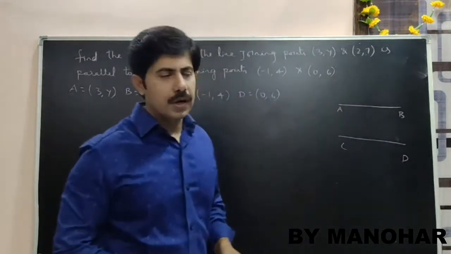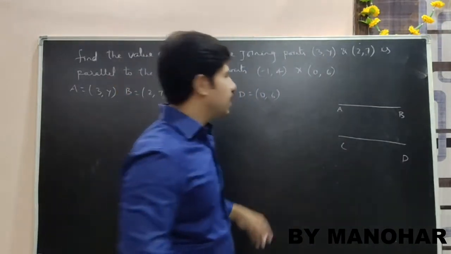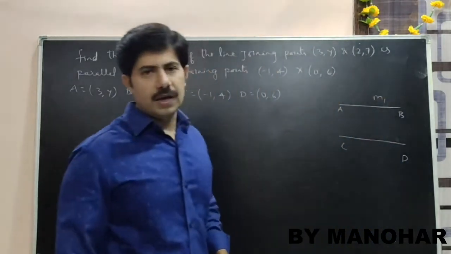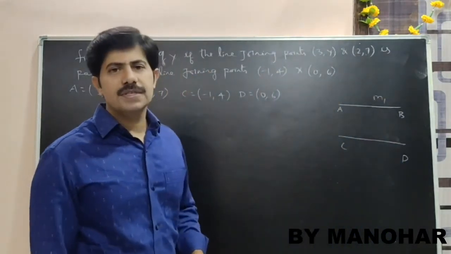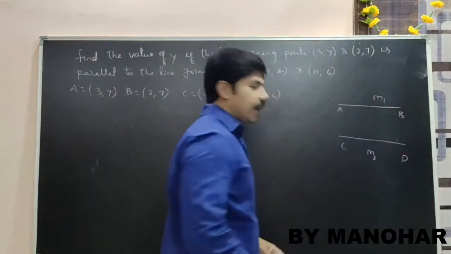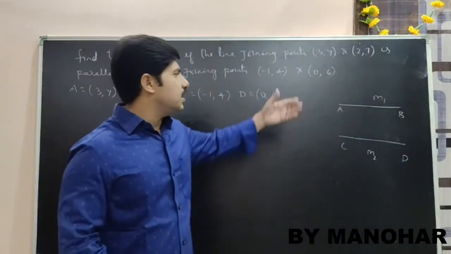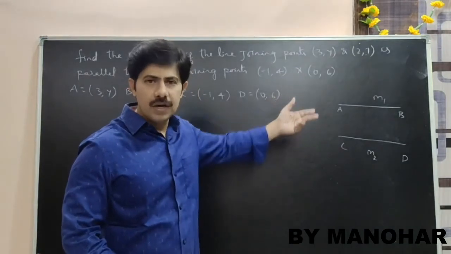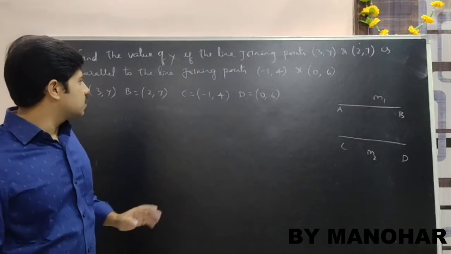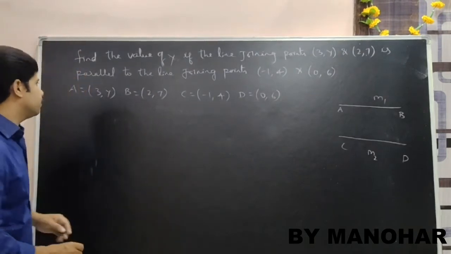So here first what I will do, I will find out slope of AB and will represent the slope of AB as M1. Next we will find out slope of CD and we will represent it as M2. Since the two lines are parallel, just equate the slopes, that is M1 is equal to M2, then we will get the value of y. Okay. So first we will find out slope of AB.